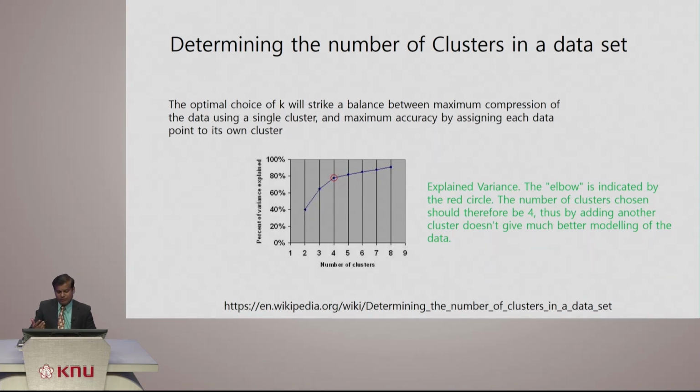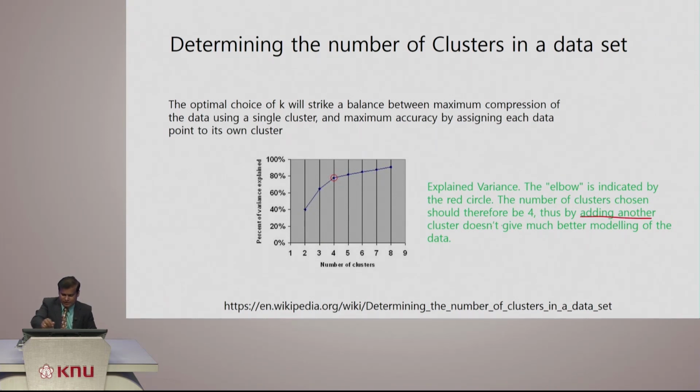As you increase the number of k, other issues may come along the way. So we have to make sure that we converge and that everything is included. In this example, the number of clusters chosen here is at least 4. Adding another cluster does not give much modeling to the data.